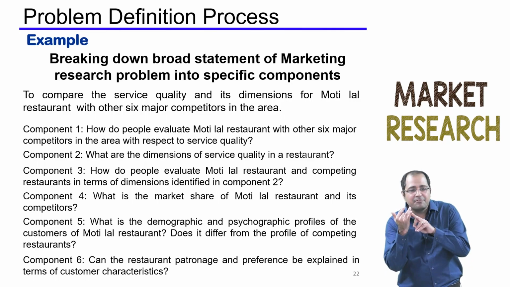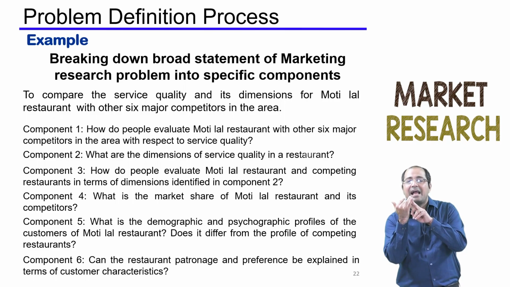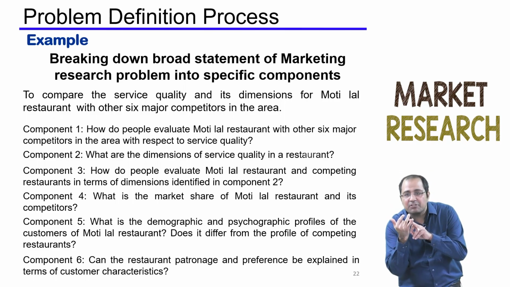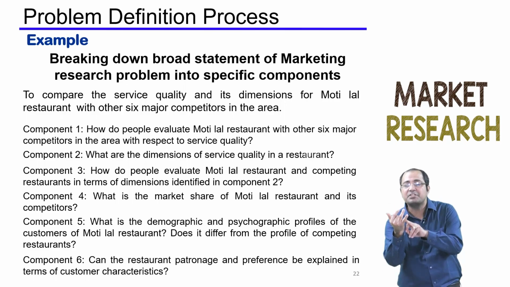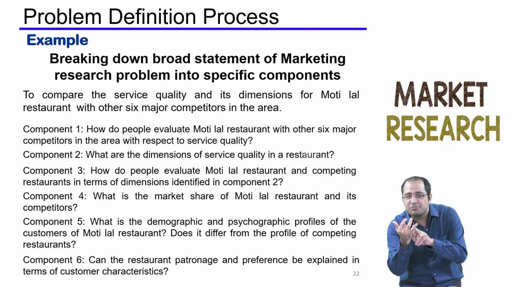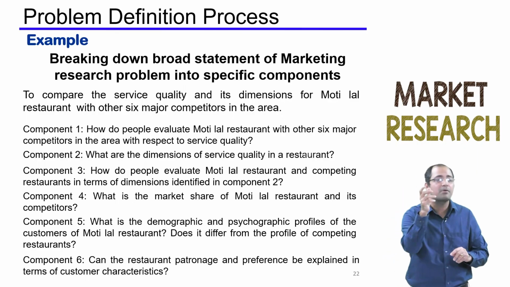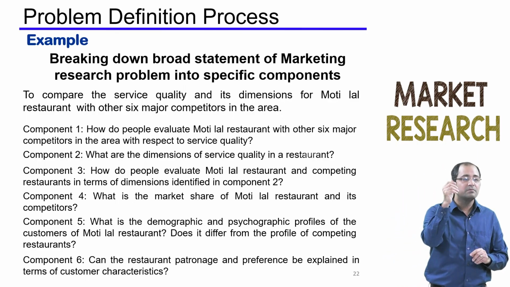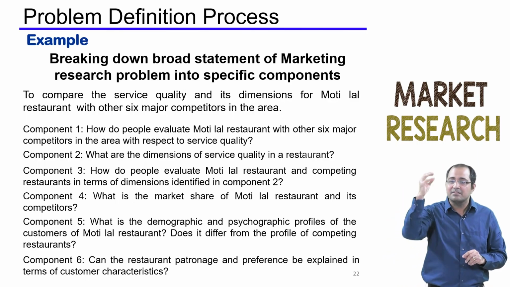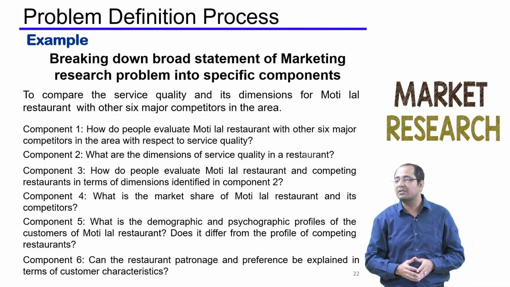One is we have to measure the service quality and identify the constituents of service quality, measure the constituents, identify the competitors, compare the constituents for Motilal restaurant versus the other competitors. So you have to break the marketing research problem into simple components. These are the components.